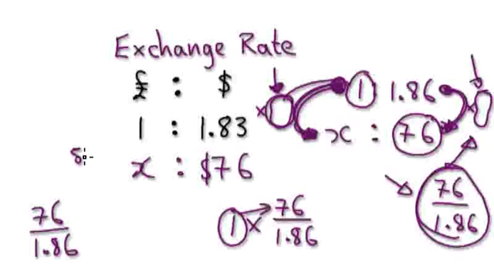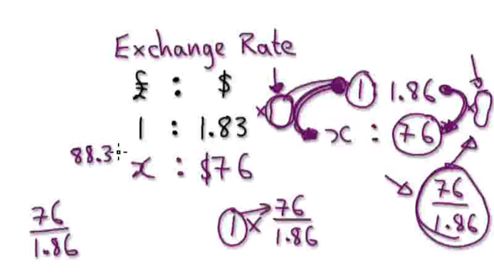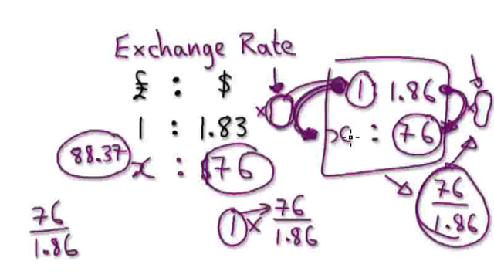So the answer here is 88.37. Okay, so for $76 you would get £88.37. Yeah, just do it this way. It's much quicker.